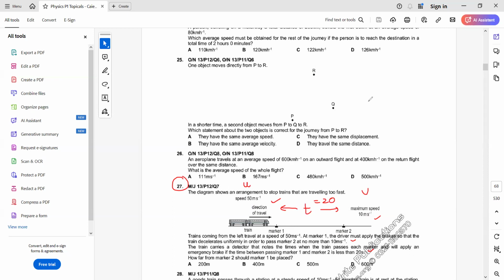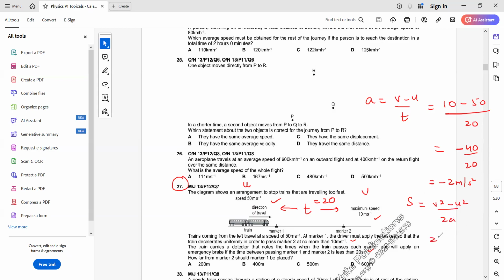First, we can use a equals v minus u over t, where v is 10, u is 50, and time is 20. That's minus 40 over 20, which is minus 2 meters per second squared. Then for the distance, we can use v squared minus u squared over 2a, one of my favorite formulas.